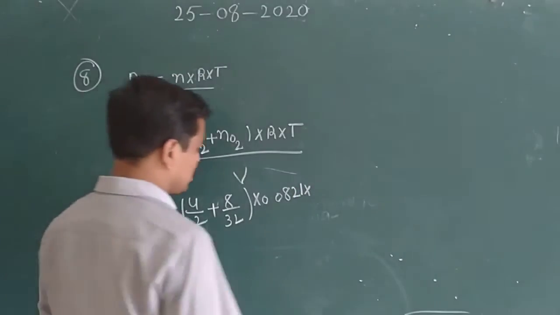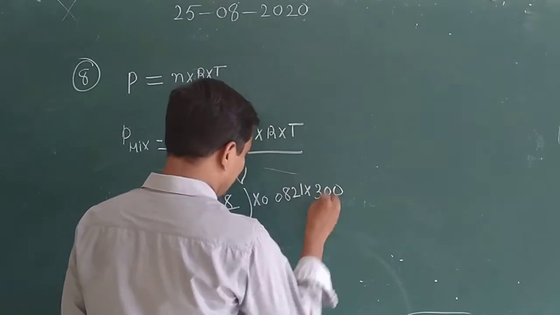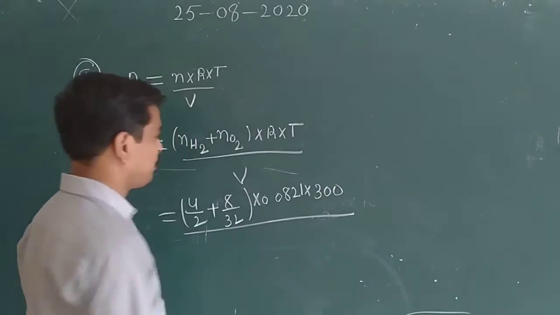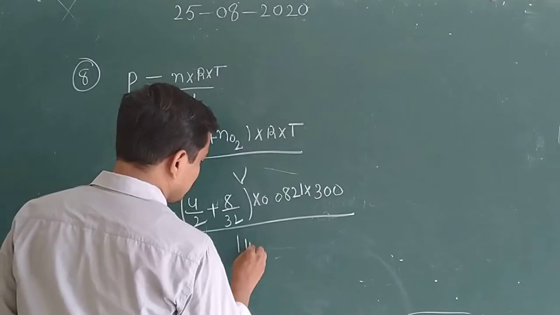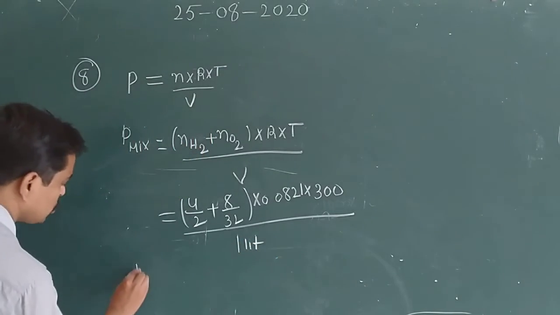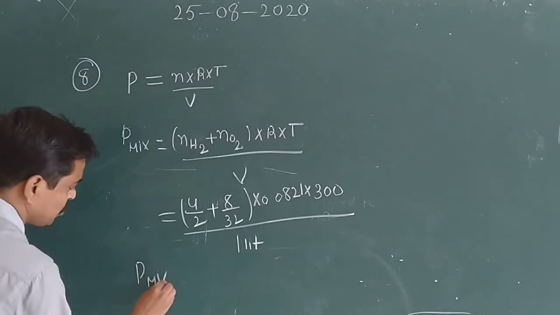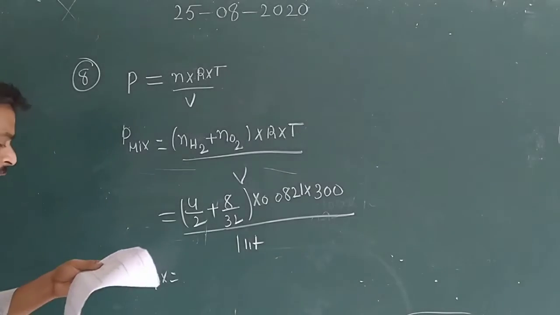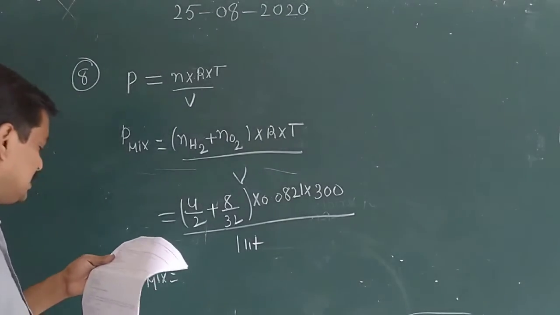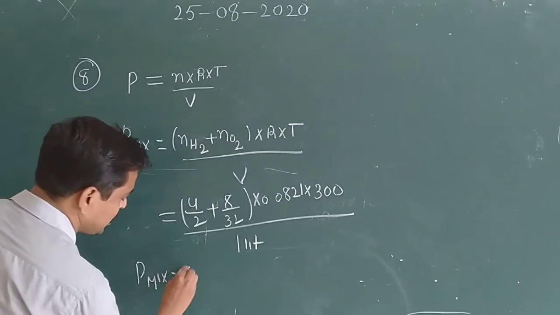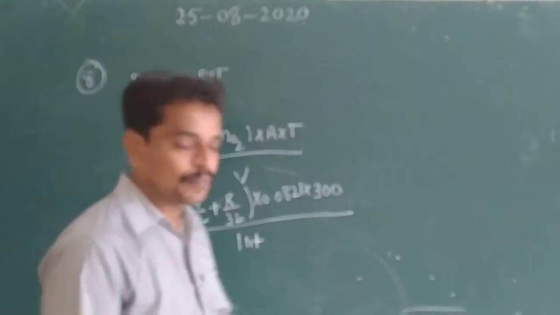Temperature is 27 degrees, so 300 Kelvin, by volume. Volume is given as 1 dm cube, which is nothing but 1 liter. If you do the entire calculation, you can obtain the pressure of the mixture as approximately 56.